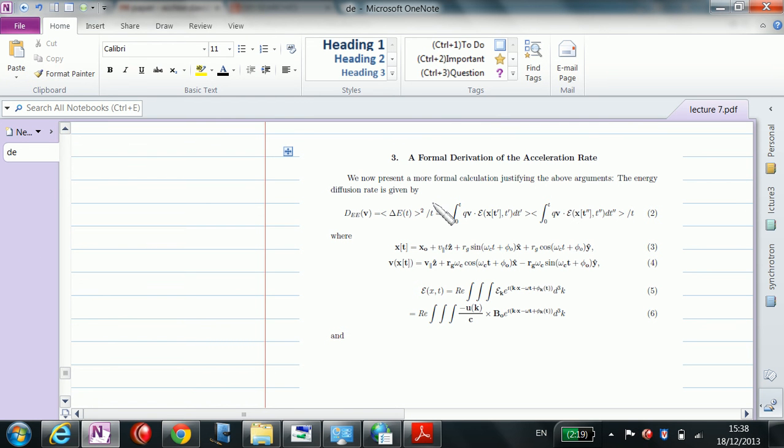What I'm going to do now is rederive the diffusion coefficient from the point of view of the particles. This is an energy diffusion coefficient as opposed to velocity. So it'll be a little different, but not too bad.